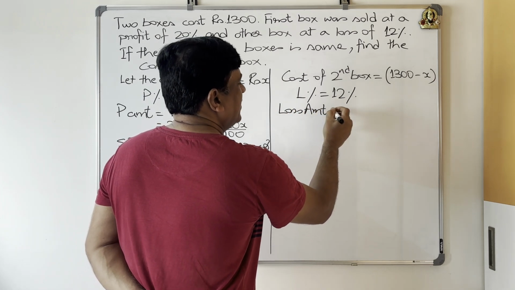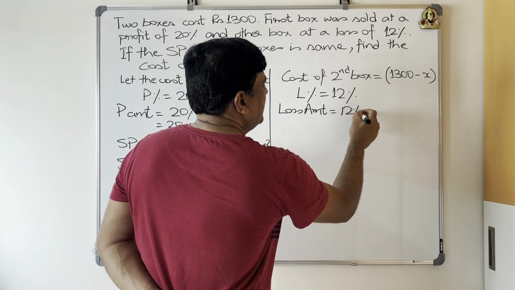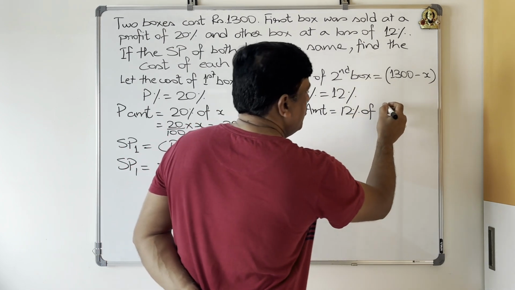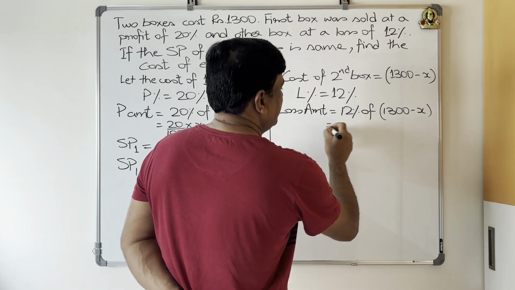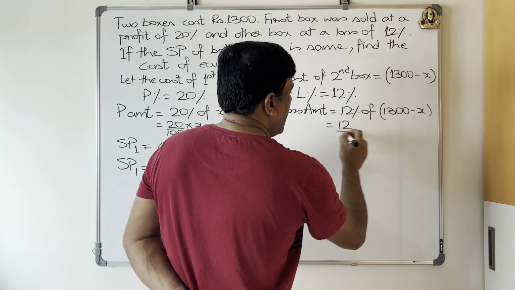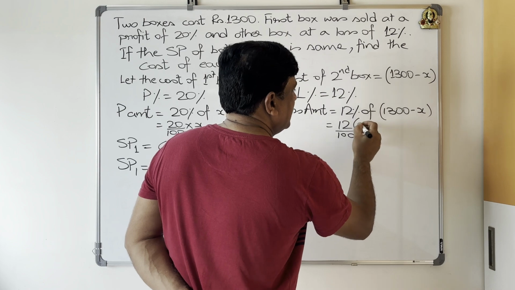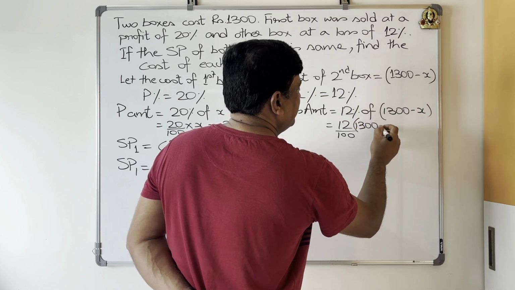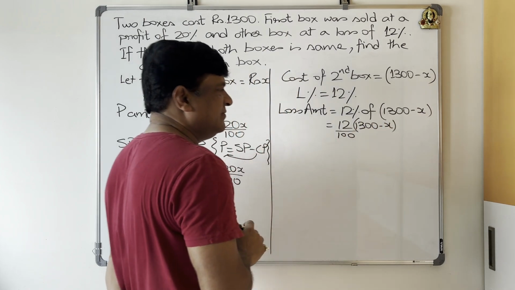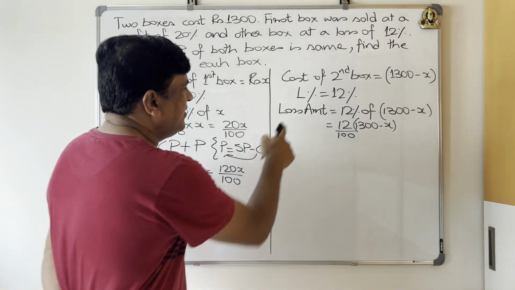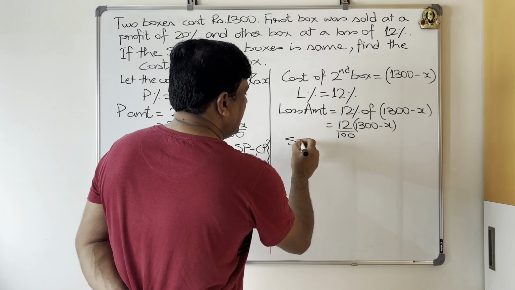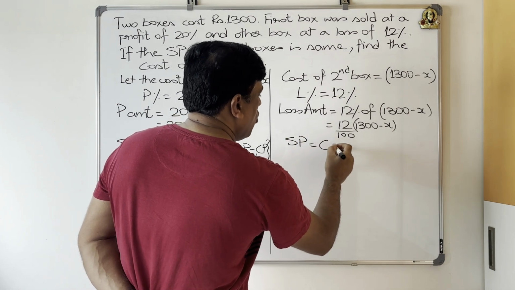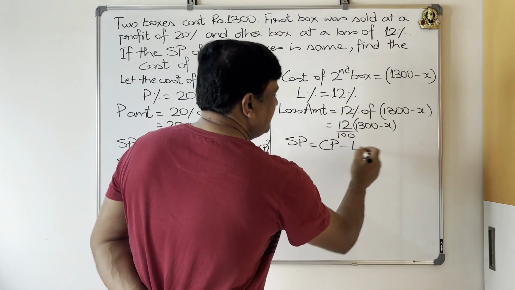Loss amount is again 12% of this amount, 1300 minus x, which is nothing but 12 by 100 times 1300 minus x. Leave it like that. Now what is your selling price over here? Here the selling price will be equal to cost price minus loss.